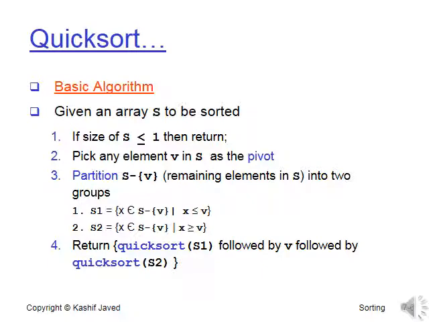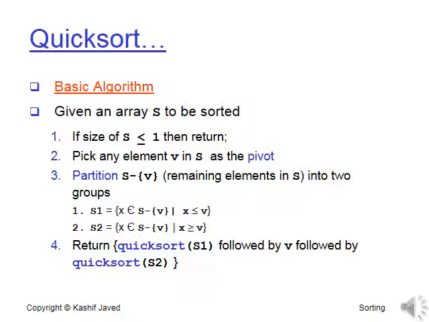In order to understand the basics of the quicksort algorithm, let's take an array S to be sorted. If the size of the array is less than 1, then you simply return and do not do any computation, as it implies the array is sorted.